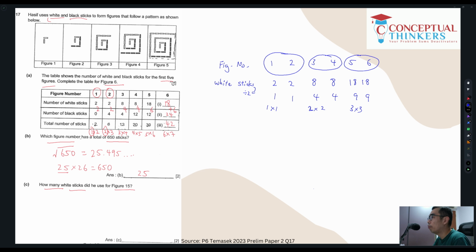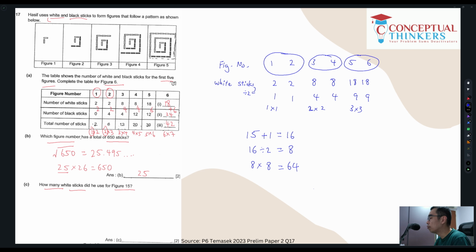So if I have figure 15, I need to know which group I am. So to do that, this is an odd figure number, right? So an odd figure number and the next even figure number will pair up as one group. So I'll take 15 plus 1 because the next pairing figure number should be 16. I get 16. Then I take 16 and divide by 2. So I will know that actually this is under group 8. So 8 times 8 will give me the square number of 64.